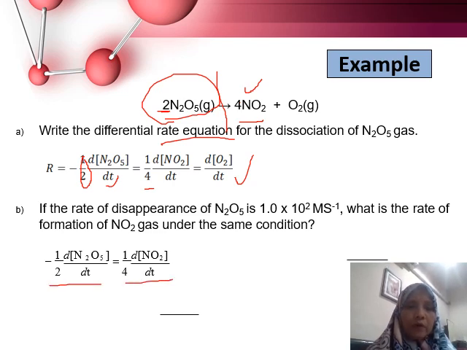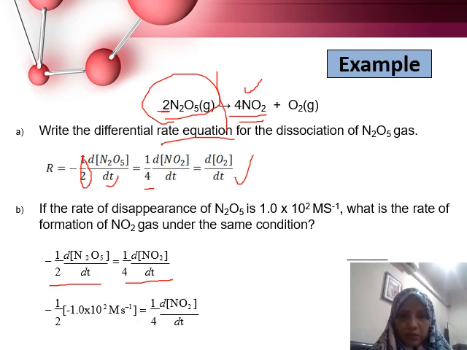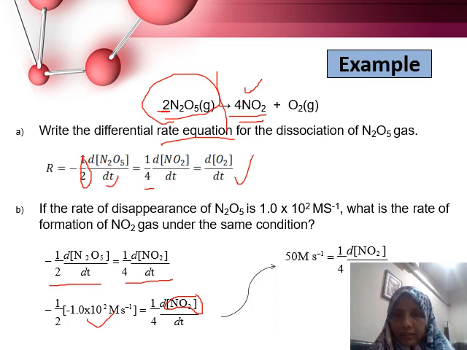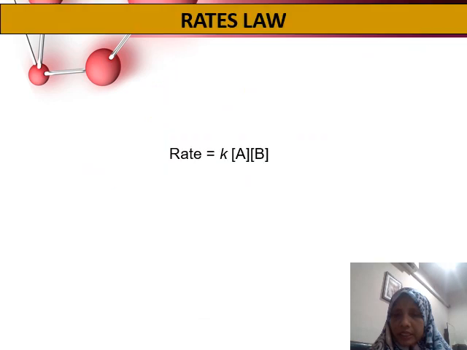So for the reactant, 1 over 2 d[N2O5] over dt, and for the product 1 over 4 d[NO2] over dt. You don't need to include O2 because it's not being asked in the question. This value is given, so put it in brackets. You want to know the value for NO2, so solve this equation.